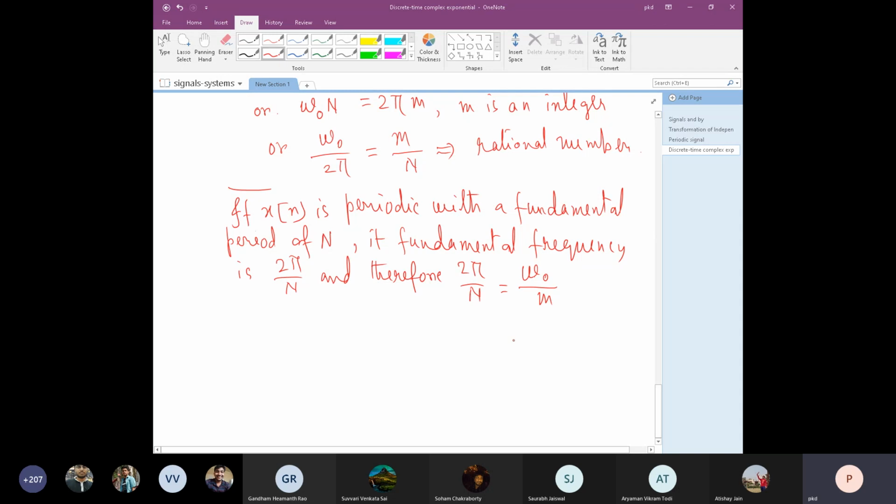But then I also have to sample that continuous time signal, and corresponding to the sampling rate, I will have an integer number. If the sampling interval is not at an integer multiple of that omega naught, what will happen? We will not get a particular periodicity with respect to an integer n.